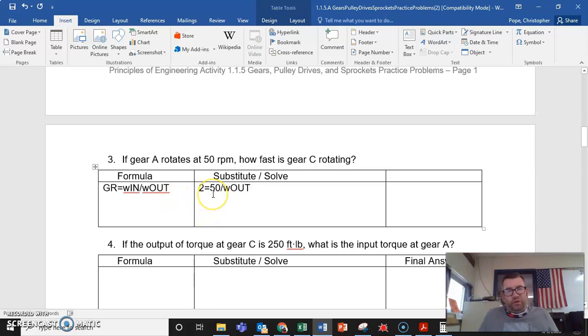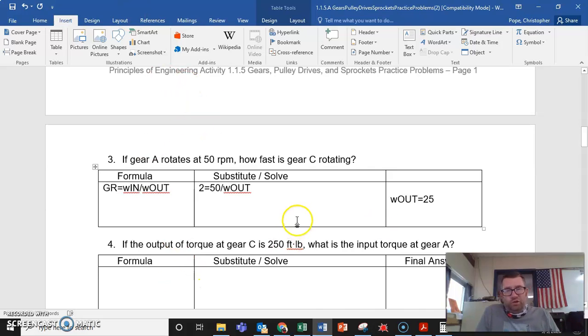If something is on the top, we want it to be on the bottom. So we're going to take our 50 and divide that by our gear ratio to get our answer for gear C. So in this case, W out, 50 divided by 2, is going to be 25.